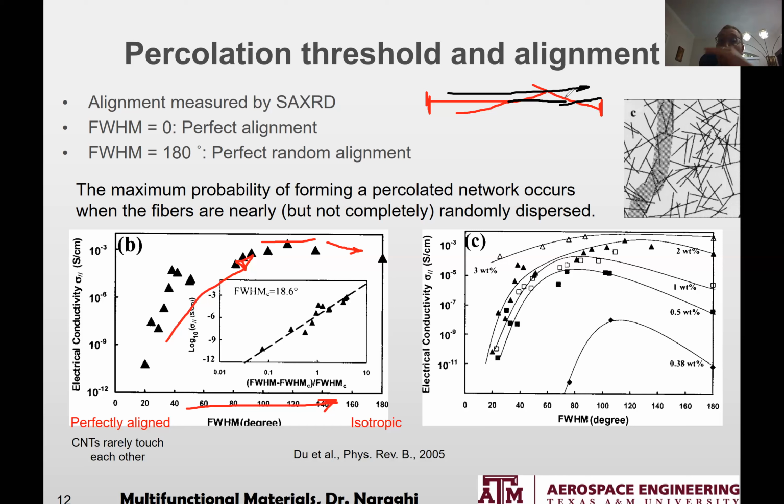So if I have enough randomness that a percolated network has formed, slightly reducing the randomness will probably help me, because I align some of the particles with the direction that I want electrical conductivity to happen.